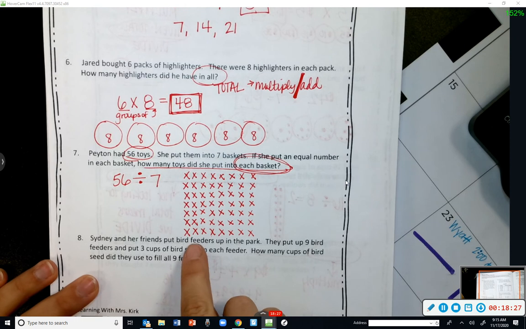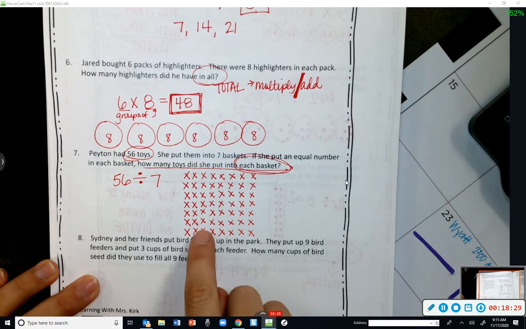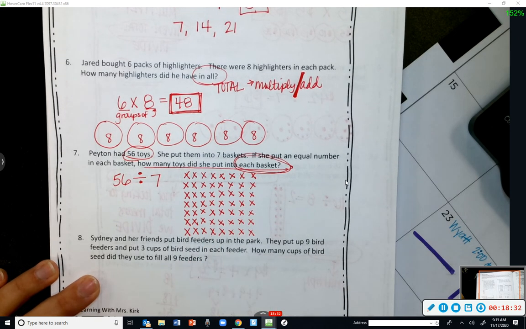Okay? Notice how they're all nice and neat, lined up. That makes it easy for me to count, and I know I didn't make a mistake because they're equal. Should my rows and columns be equal, Allie?